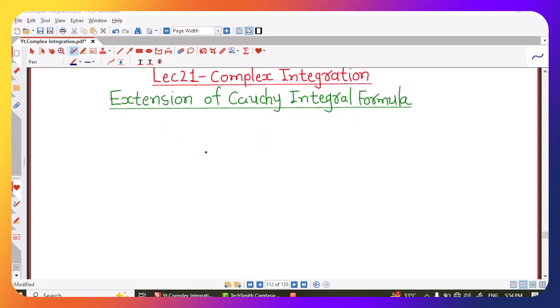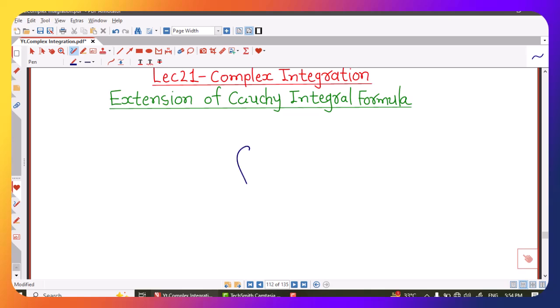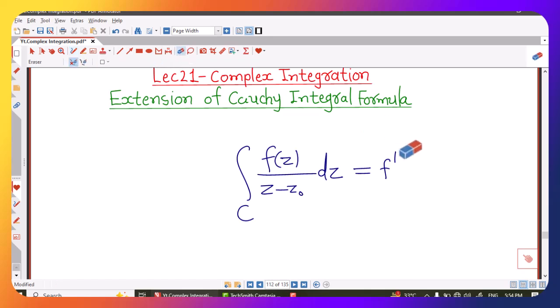We have seen that the Cauchy integral formula is: 1 divided by 2 pi i times the integral of f of z divided by z minus z0, with respect to z along a simple closed contour C, is equal to the value of the function at point z0.